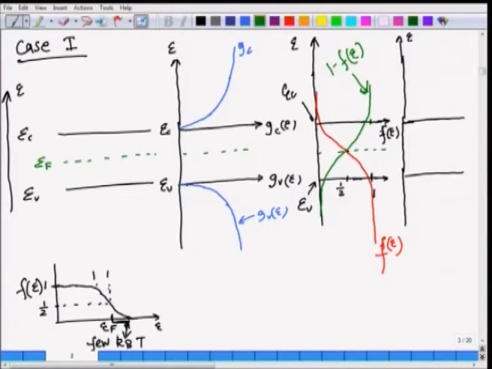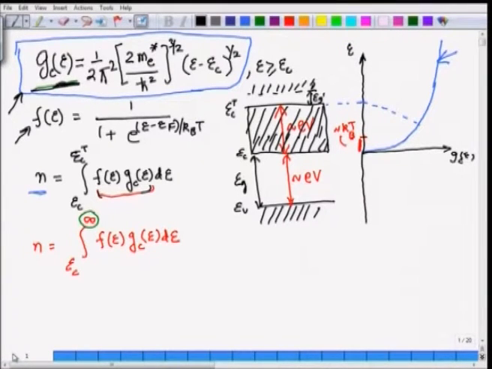All right. Now, f of E and 1 minus f of E are plotted here, and GC is plotted here. If you look at this, what do I need to integrate? I need to integrate the product of f of E and GC of E in order to calculate n. So, I am going to plot this product.